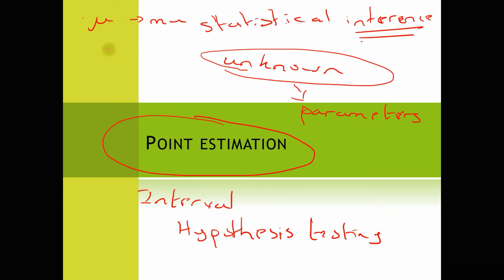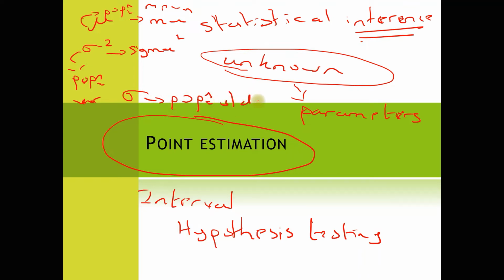This is the population mean. There is a parameter that is used to describe the population variance, sigma squared. We have a parameter that is used to describe the standard deviation, which is sigma, a Greek small letter sigma, our population standard deviation.